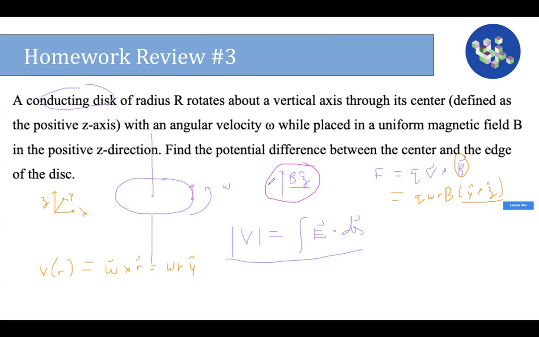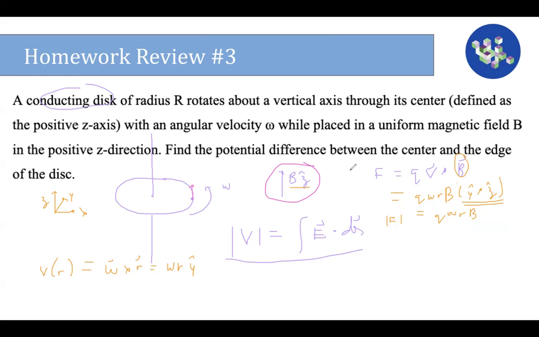These are all perpendicular to each other and they're unit vectors, so the magnitude of this will be 1. So the magnitude of F is just equal to q omega r B.